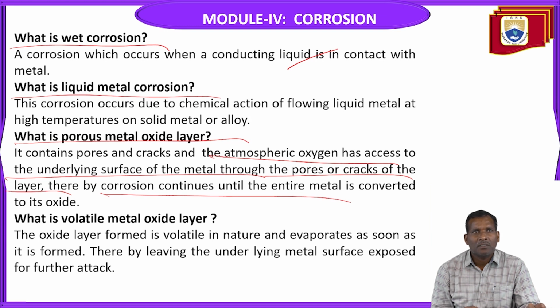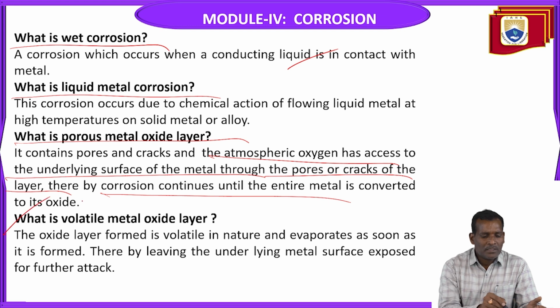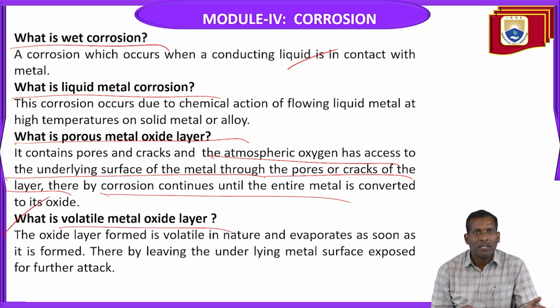This is called a porous metal oxide layer. What is a volatile metal oxide layer? The oxide layer formed is volatile in nature and evaporates as soon as it is formed, thereby leaving the underlying metal surface exposed for further attack.